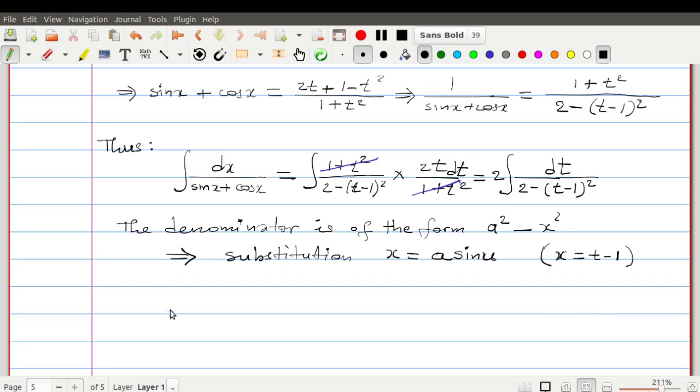We are done, right? So, and what is our u? Square root. So, and a is equal to square root of 2. If I square this, I get this, right? So this is our a, square root of 2.